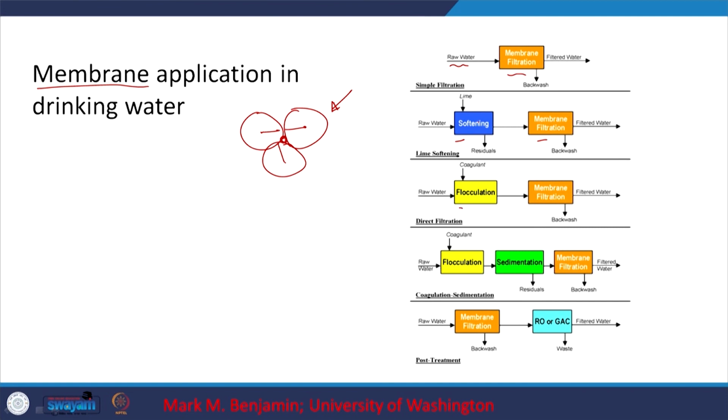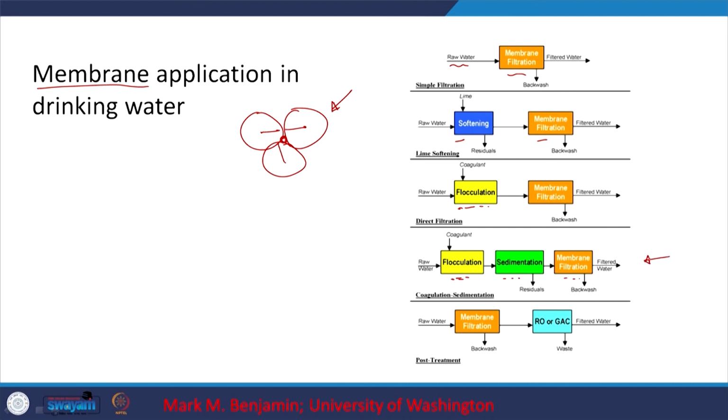Again, you are trying to increase the size. If you can remove it, you are going to have less load on your membrane filtration, and life will be higher. If required, you will add a coagulant, allow for flocculation, bigger particles, and then membrane filtration. If the load is too high and you have considerably big particles, you are going to first have coagulation, flocculation, sedimentation, and then membrane filtration.